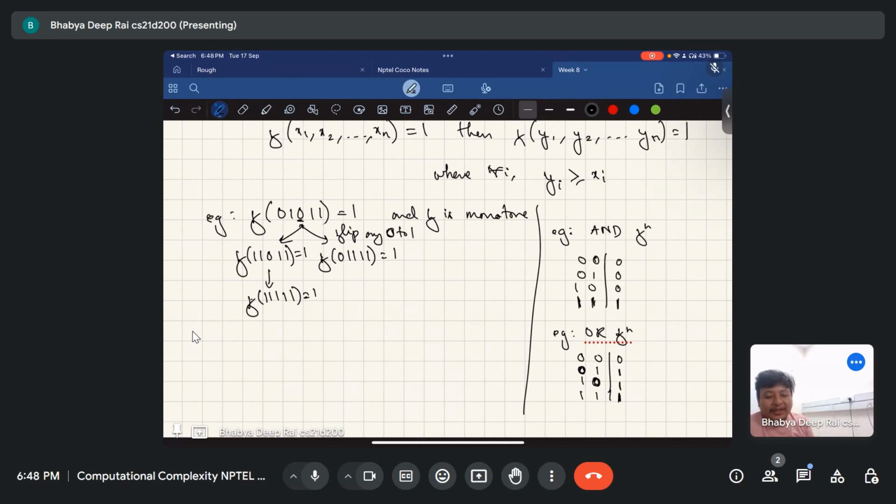And think of a non-trivial function. That would be something like clique. Clique is what is called a monotone function. Remember that it is the set of graphs which contain a clique of size k, where a clique means a small complete graph.